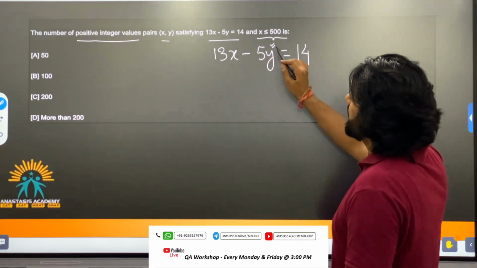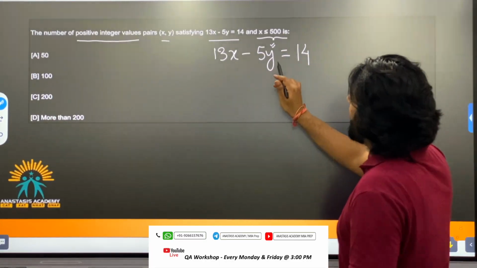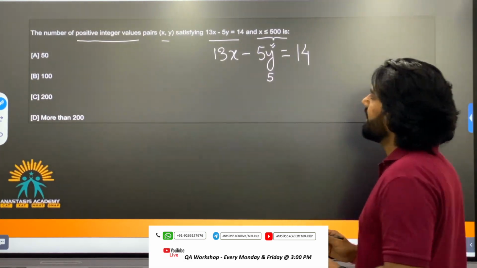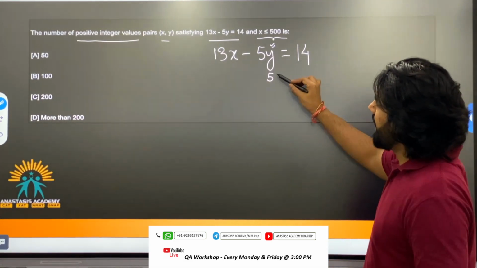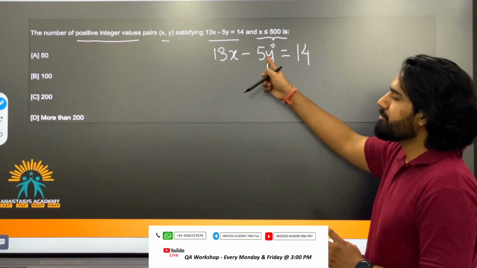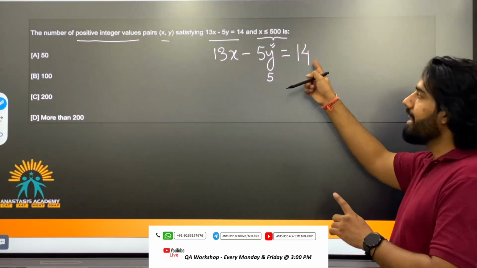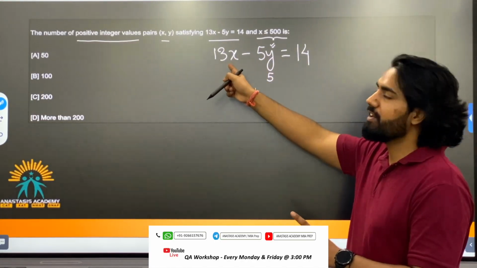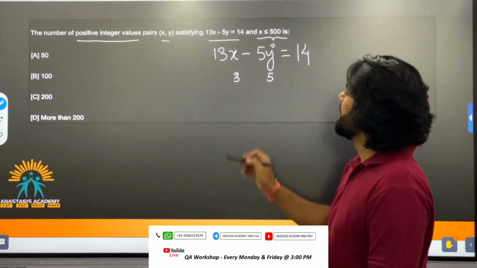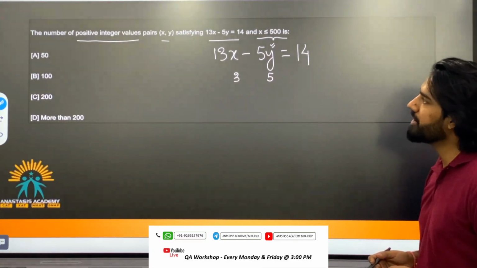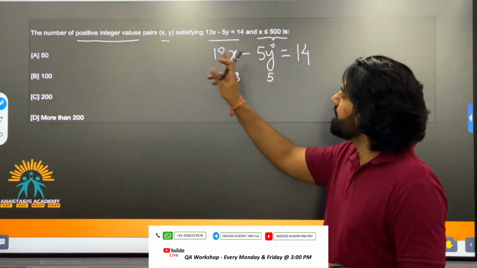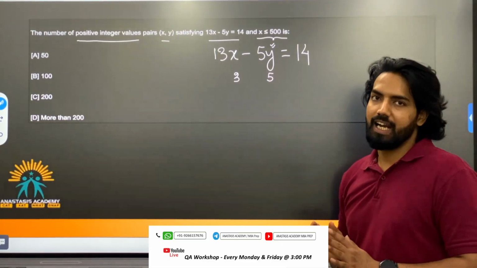So if I put the value of y as 5, it becomes 25, goes to this side, it becomes 39, so I get the value of x as 3. This is one possible solution, one positive integer value for this equation, right?